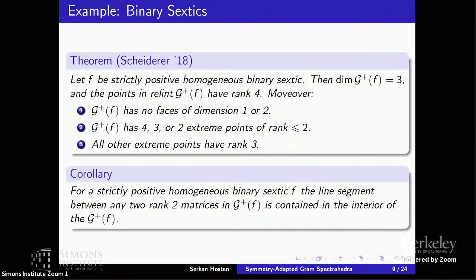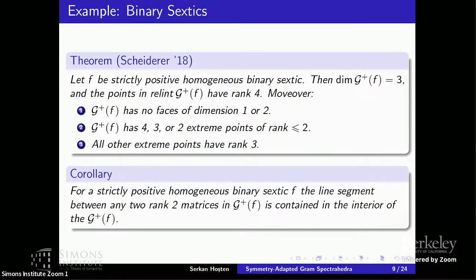Let me tell you what we can say about this kind of stuff. Here's something that's fairly new. It's a theorem and a corollary by Klaus Scheiderer. I'm not sure whether you know this, but Hilbert a long time ago classified real polynomials which are non-negative if and only if they are sum of squares.